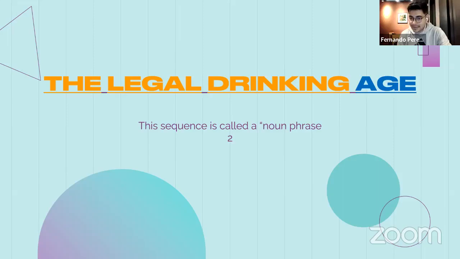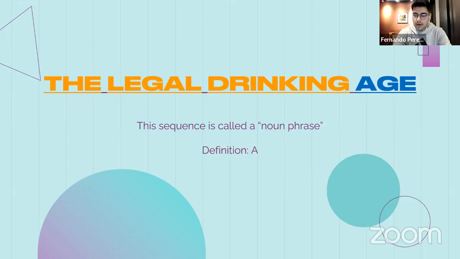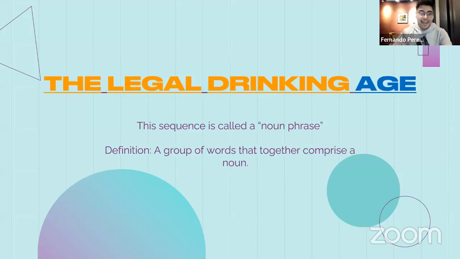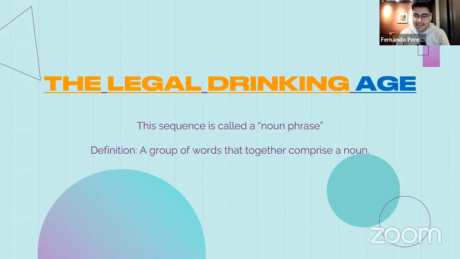A noun phrase is, as we said in other classes, a phrase or a group of words that together comprise a noun. And this phrase can exist in many parts of the sentence.